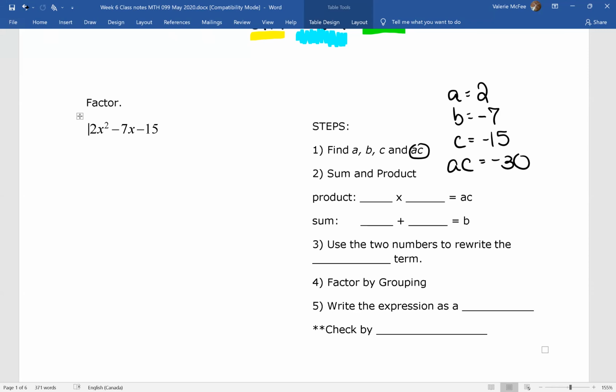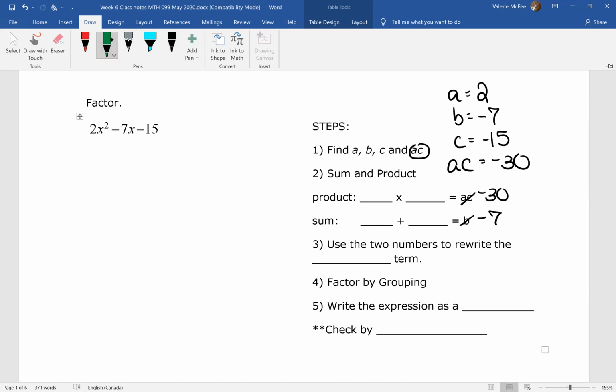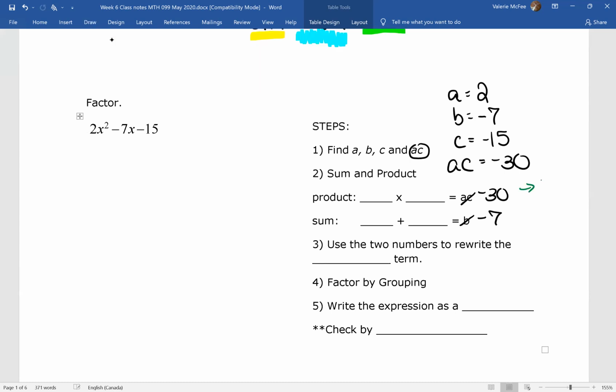Now remember last week we talked about those sums and products, and I gave you worksheets that you could practice because we're going to use that now as we factor quadratic trinomials. So we're looking for two numbers with a product of negative 30 and a sum of negative 7. Remember what we said, if you don't know those numbers, you want to list the factors of our product.